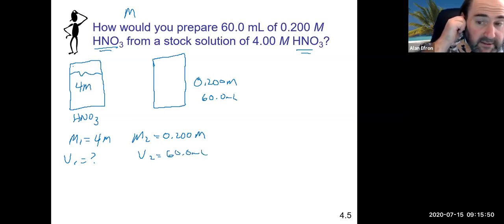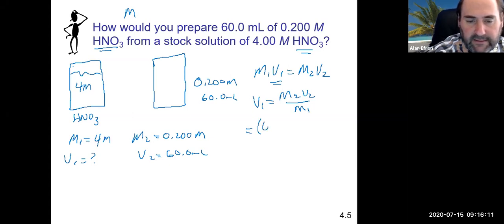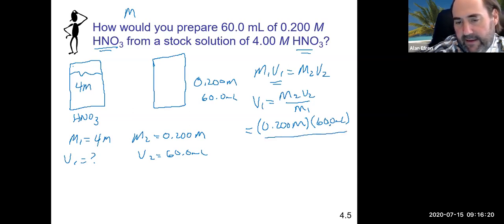So we can use the dilution equation here to figure out what we need to do. M1V1 would equal M2V2. We're solving for V1 as we don't have it, which would be M2V2 over M1. Putting in our numbers, we get 0.2 molar times V2, which is 60 milliliters, divided by 4 molar.